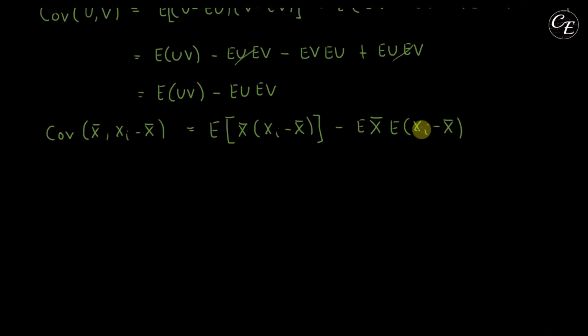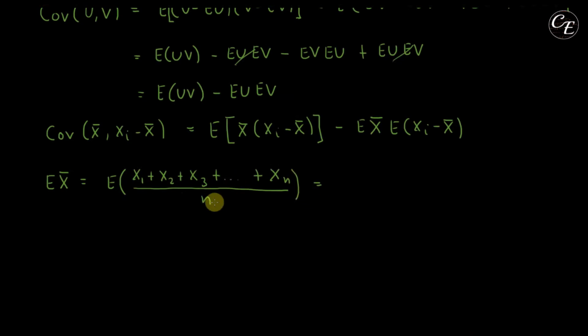Let us evaluate this. The expectation of x bar is equal to the expectation of x sub 1 plus x sub 2 plus x sub 3 plus etc. until x sub n, all over n.